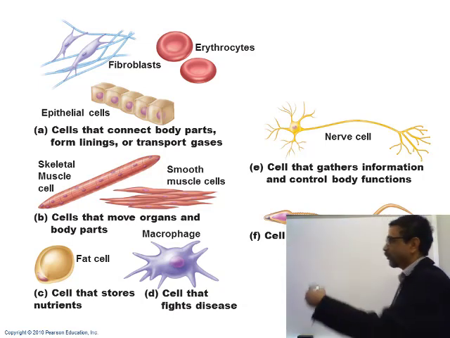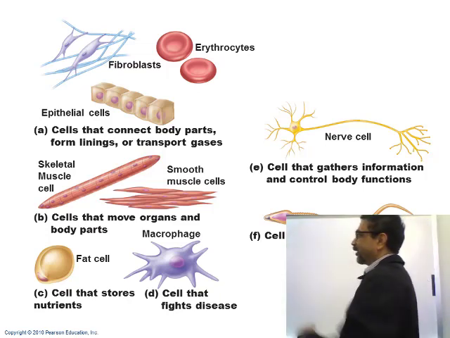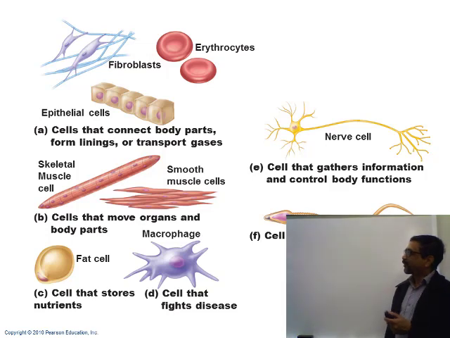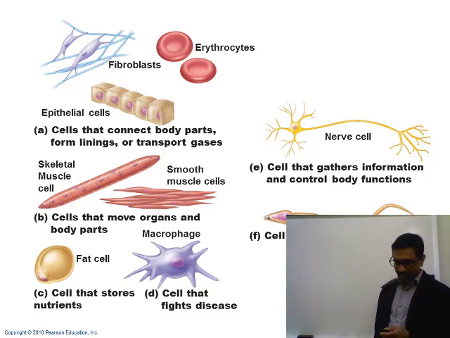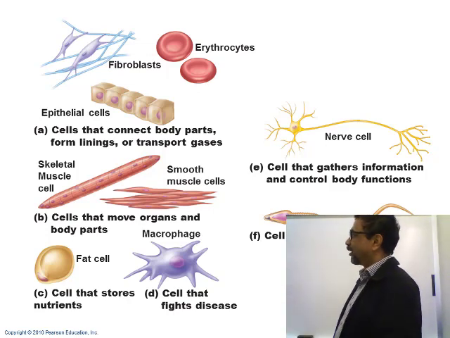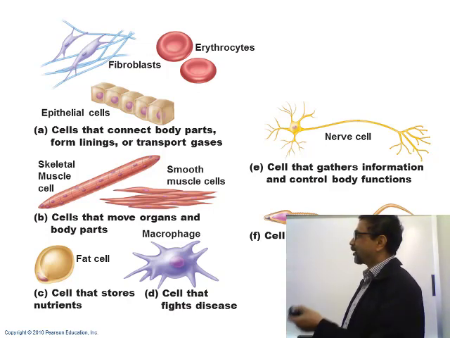So it can swim in the fluid. So just few examples how different cells are different in terms of their shape, size, color, function. We have more than 200 different types of cells in the body.